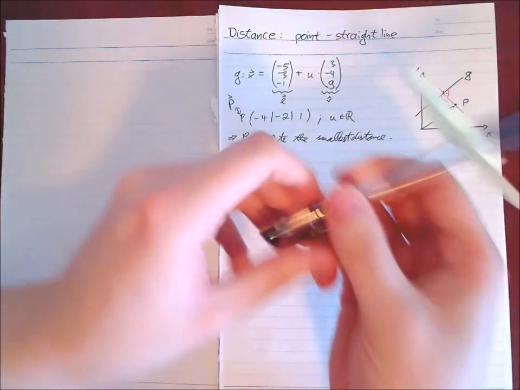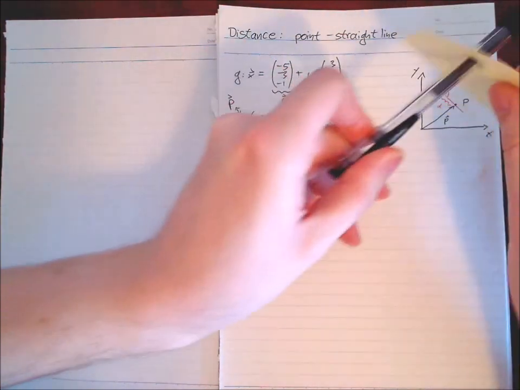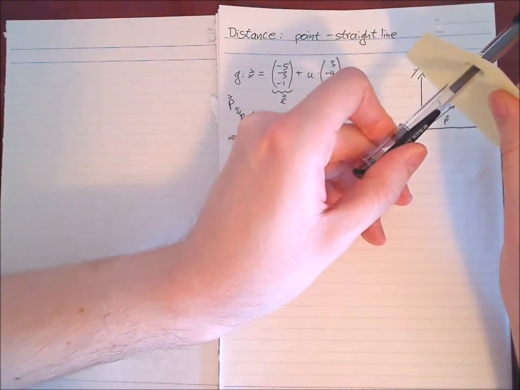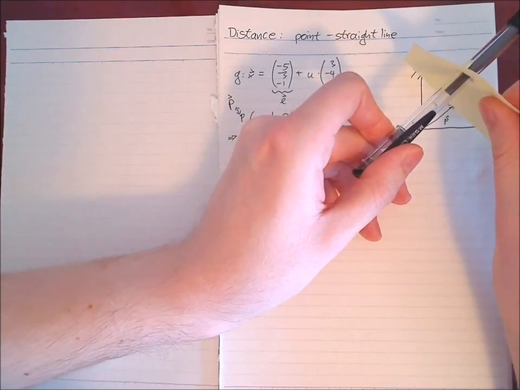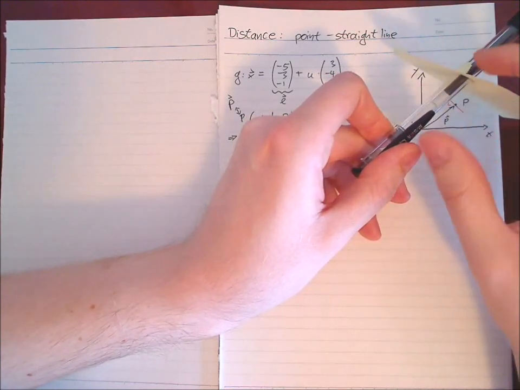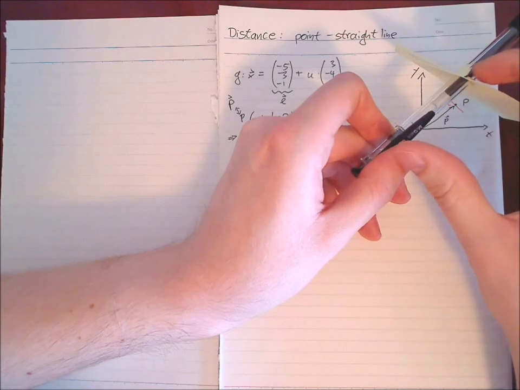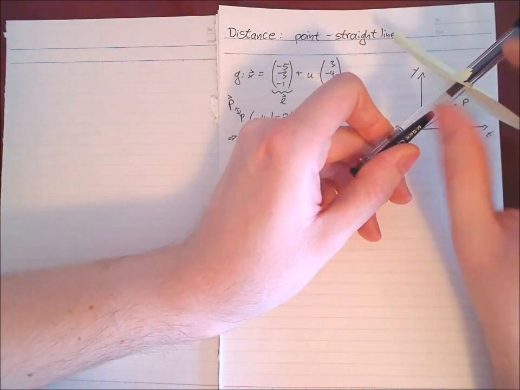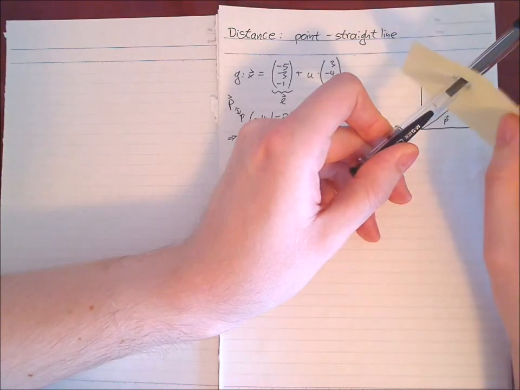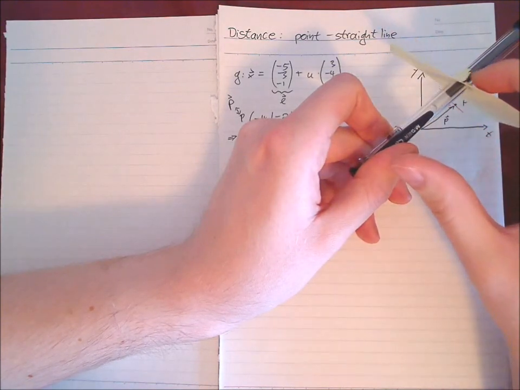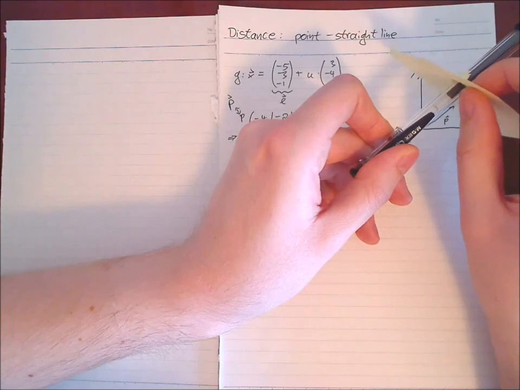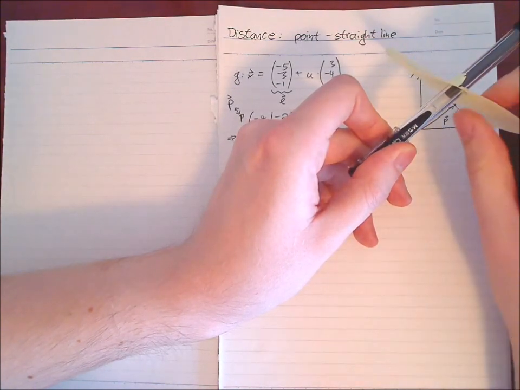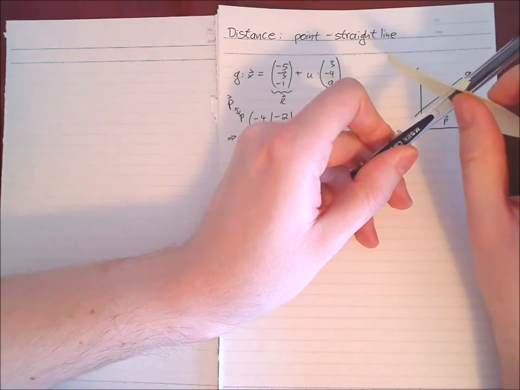We put it right through P, and then we can identify this point, which is the intersection point between our auxiliary plane and the straight line. Then we can build a connecting vector between this point and P, calculate the amount, and the amount is then the distance.